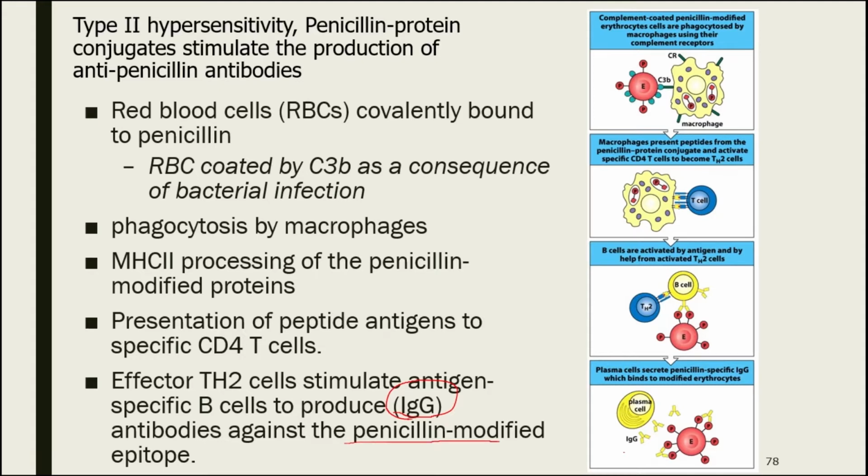So the process is very much the same. We are still talking about the same immune system, but here, instead of a viral protein or a bacterial protein, it's just some of our own protein being mistakenly recognized and promoted for an immune response.